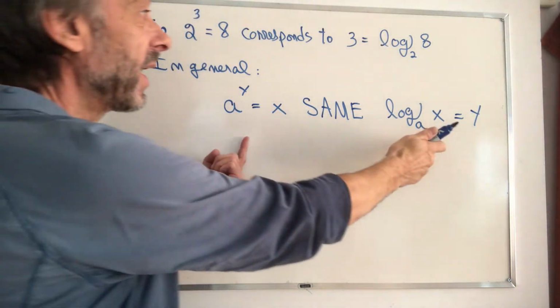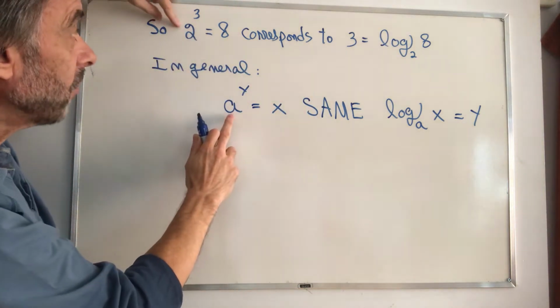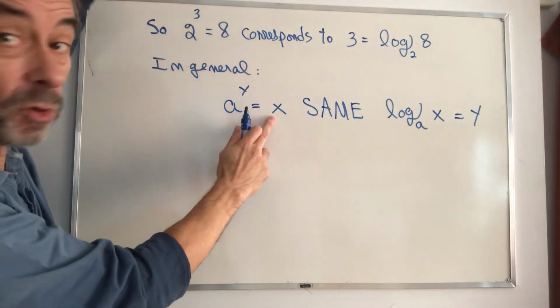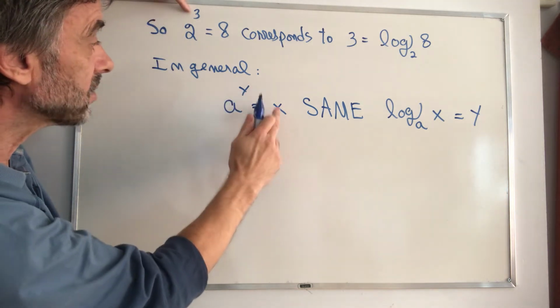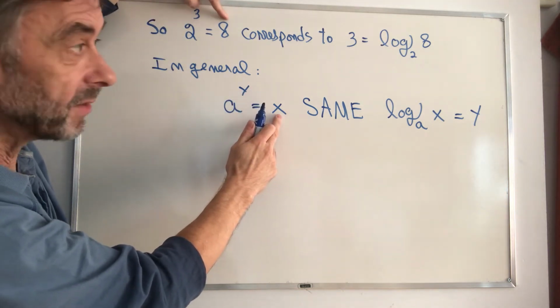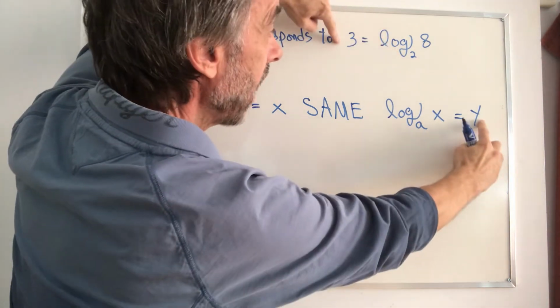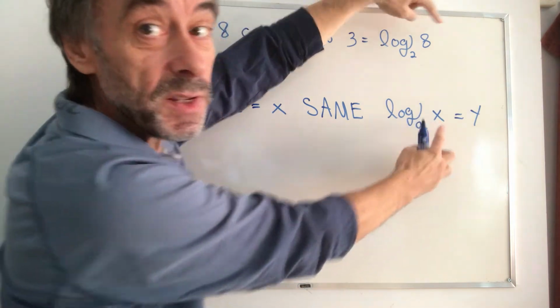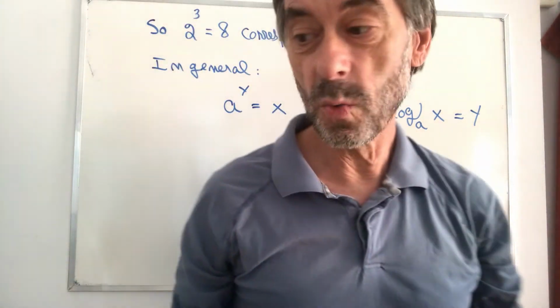Let's compare. If I compare 2 to the 3 equals 8 with a to the y equals x, I have that a is 2, y is 3, and x is 8. You can see that the connection here is really a one-to-one connection.